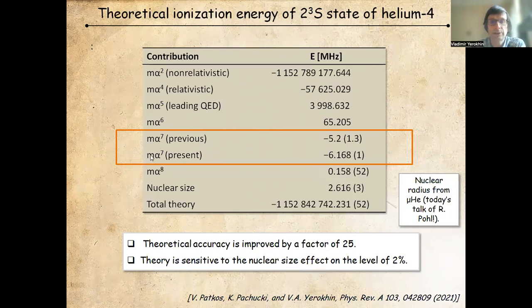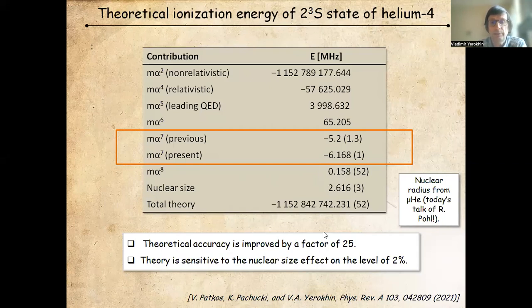And this is our present calculation. So we are within the previously estimated error bars. And the whole uncertainty comes presently from the estimate of effects of order m alpha^8. So we see that this calculation improved theoretical accuracy by a factor of 25.